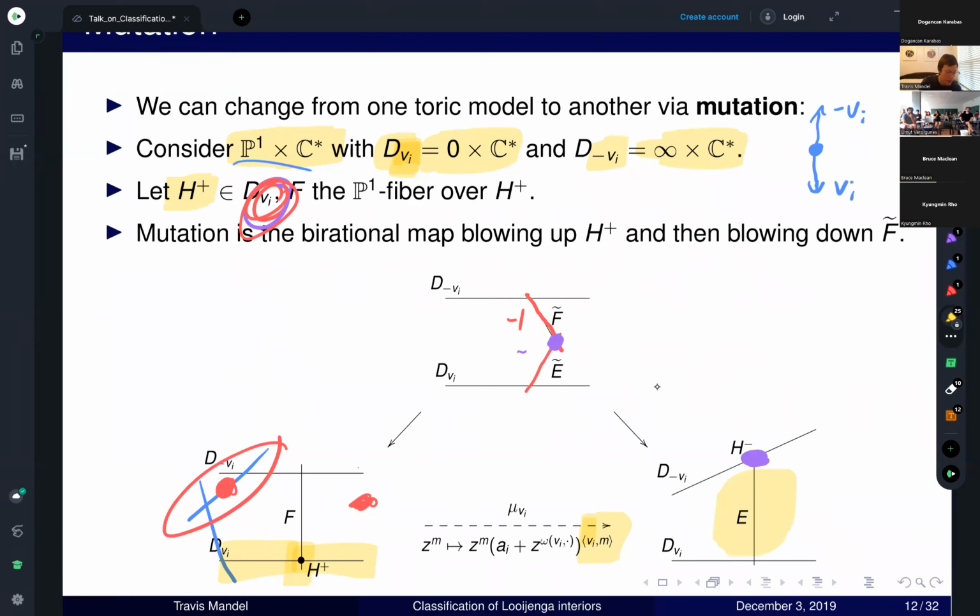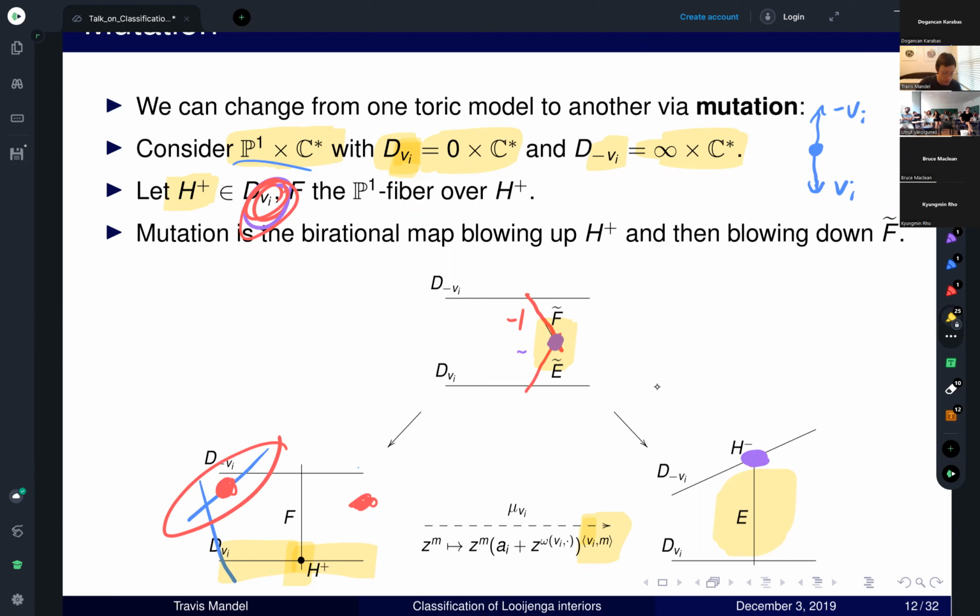They're missing, and if you try and put them back in, you would either have some extra -2 curves, or depending on how you do it, you can fill in these missing points as being singular points. They would be some type A singularities, or type A sub index of v_i minus 1 singular points.